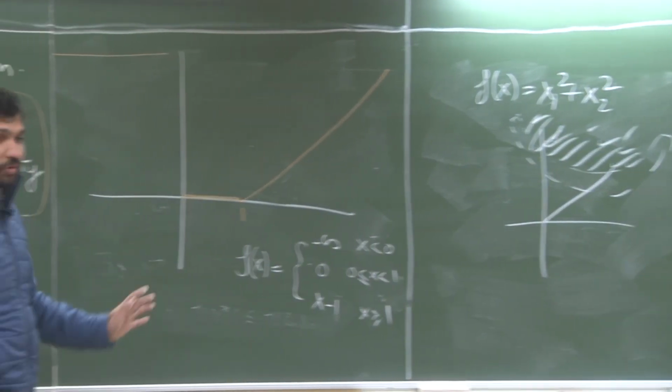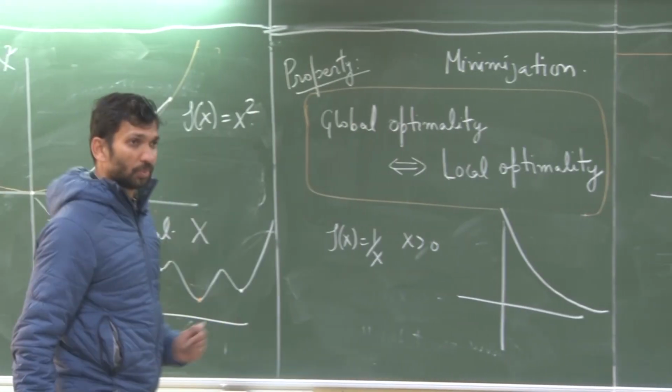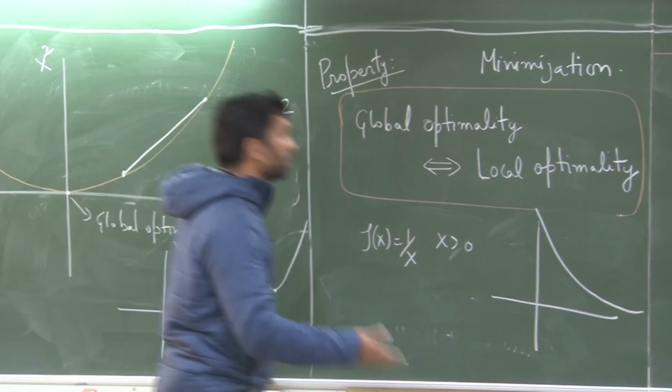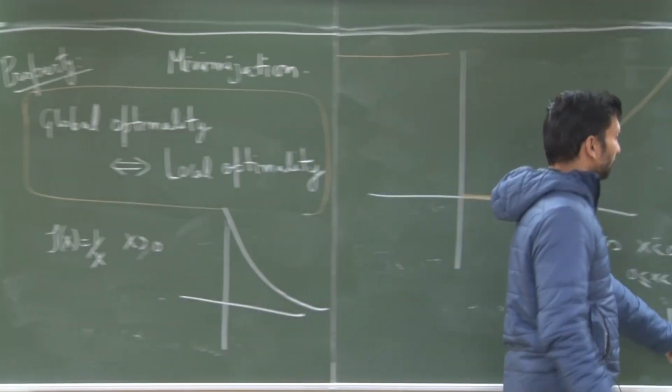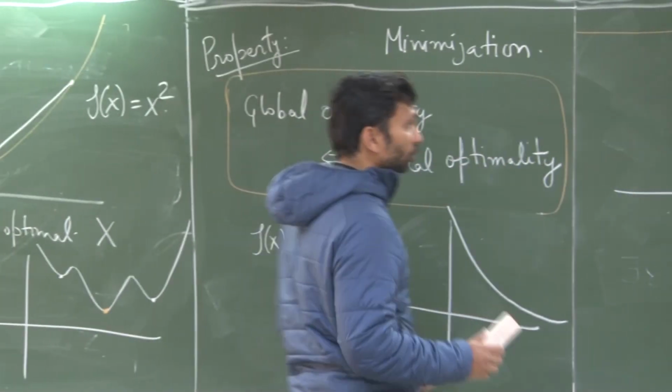All these are convex functions, and you can see that the global optimal is local optimal. So I think, at least by picture, I have convinced you that this is the case, but as mathematicians, we are not happy till we see proof.